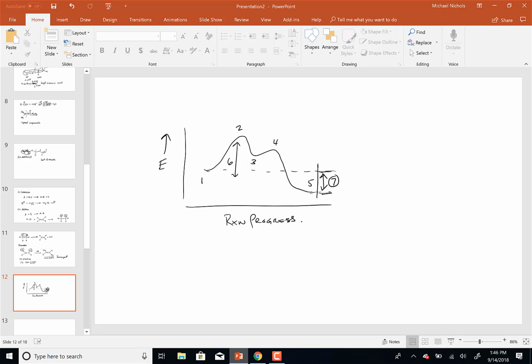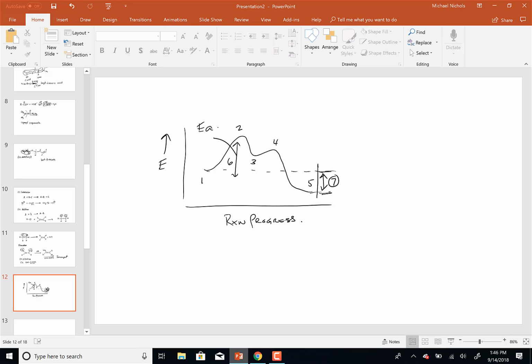Tell me what each one of those numbers represents, something significant in the progress of this reaction. Your choice. Give me a number and give me what it is. 6 is the activation energy.